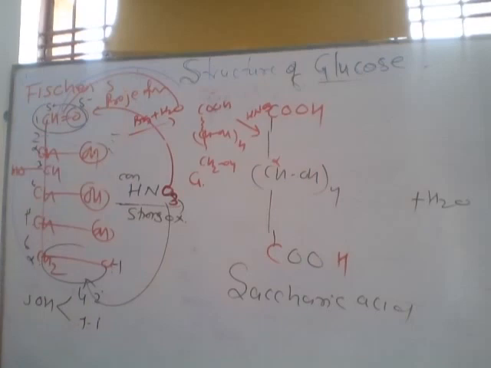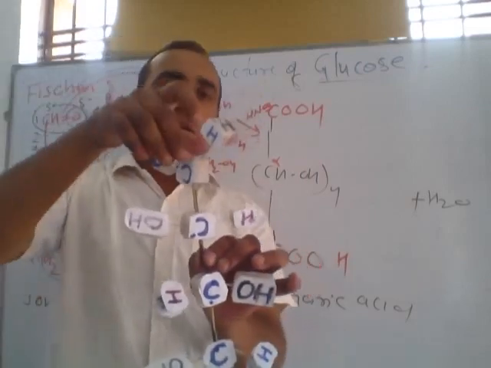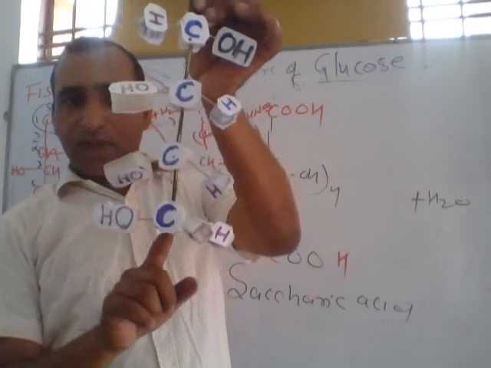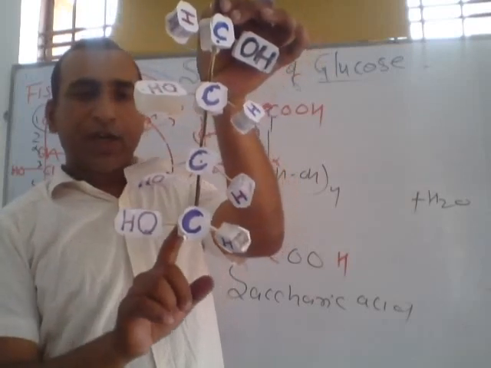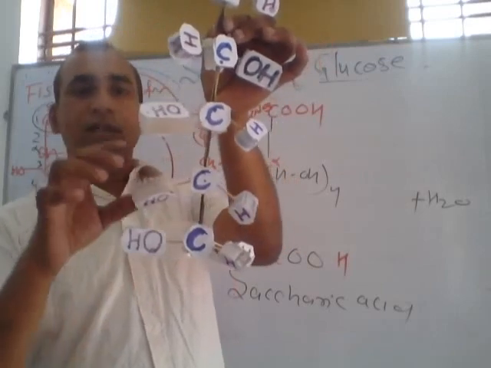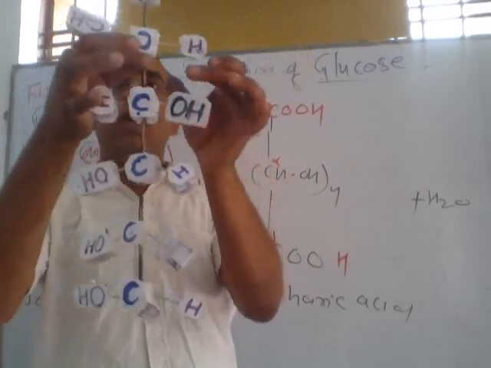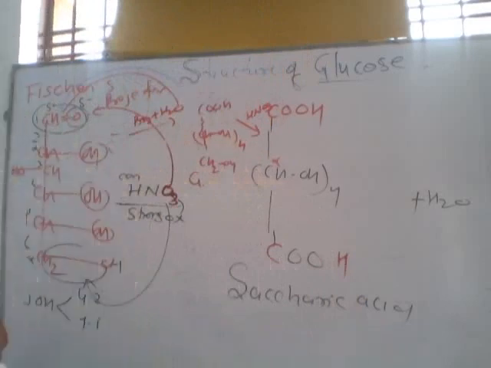So at last you can observe here, this is glucose. In glucose, the last carbon OH is primary because it is connected with this alpha, and alpha is connected with a single beta. But all these, 1, 2, 3 and 4, are actually secondary OH groups.